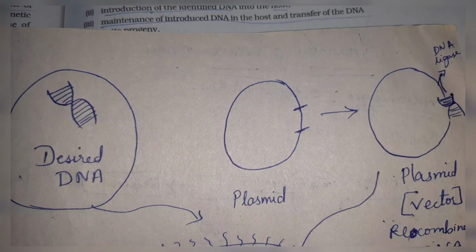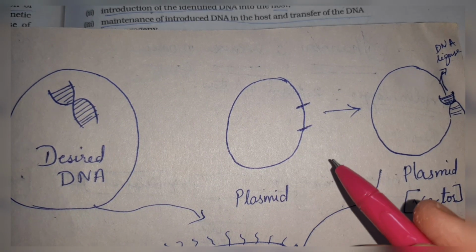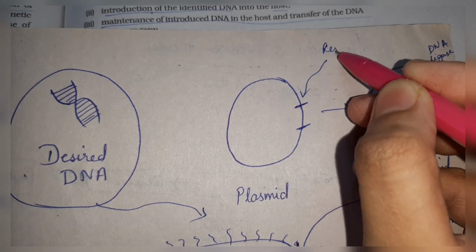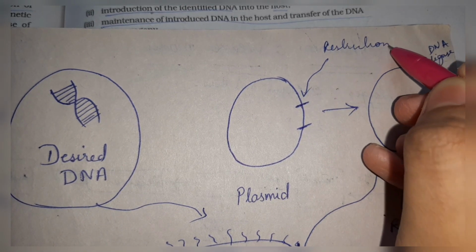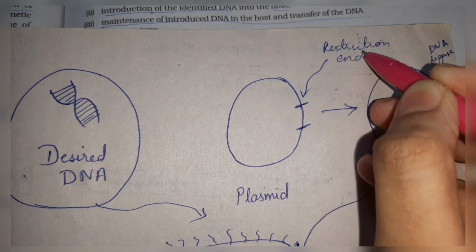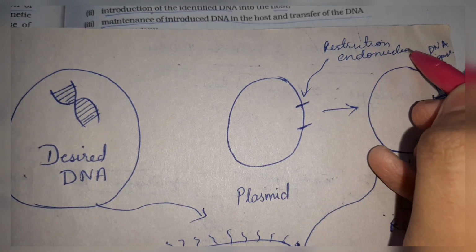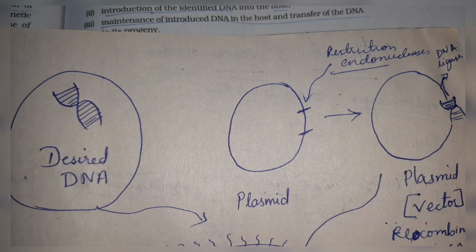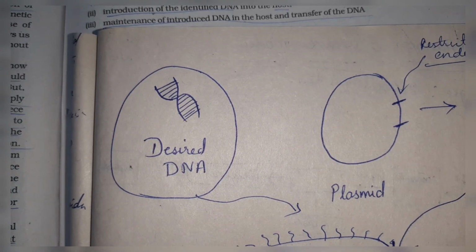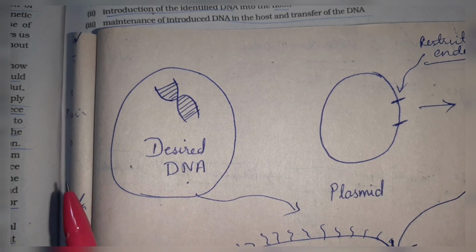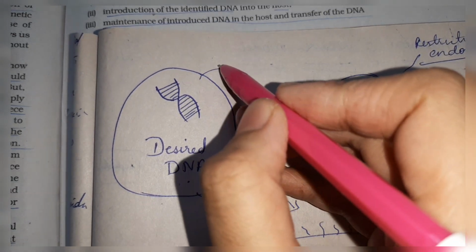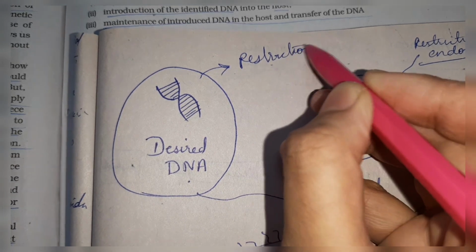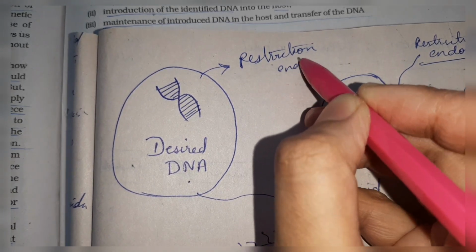So in this diagram, when we were transforming a plasmid, we cut it with a restriction enzyme, restriction endonuclease. The work of restriction endonucleases is just to cut the DNA, and we were isolating the desired gene from another organism. We also used restriction endonucleases in this case.